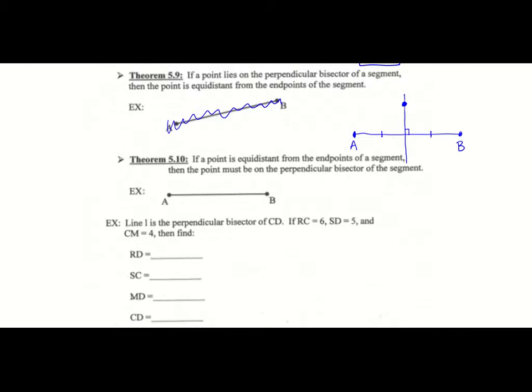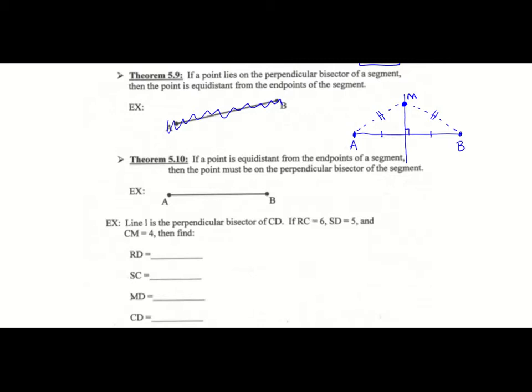So if we were to go from point A up to our point, let's call it point M, or from point B up to point M, those distances would be the same. Right here would be equal to here.